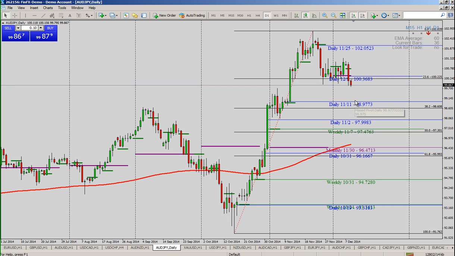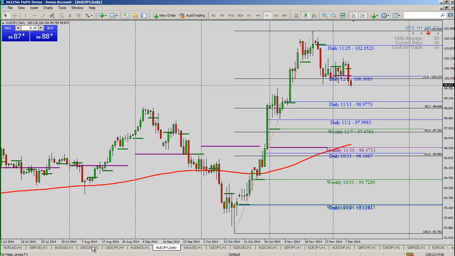There's like a 90% chance that we're going to get to that 38% fib, which is right down at about 98.60. So it's not a huge run, but there's 120 or so pips in there that we could see happen. So Aussie yen could be interesting for that. We're going to watch this one this week, but definitely some good stuff there.